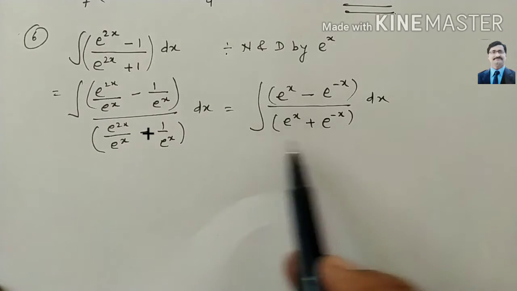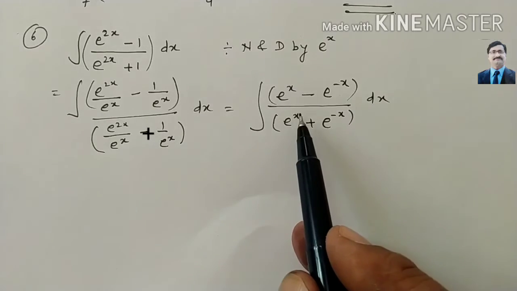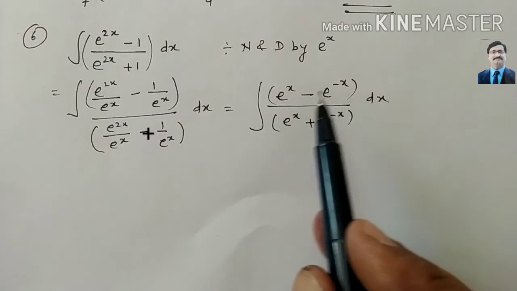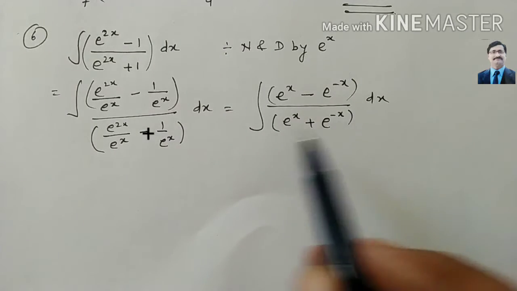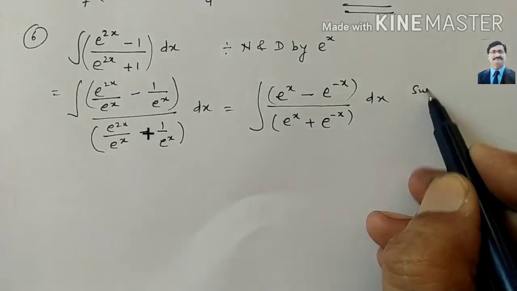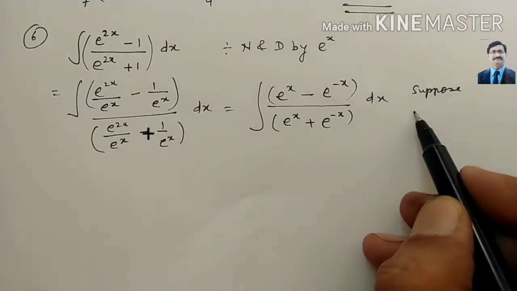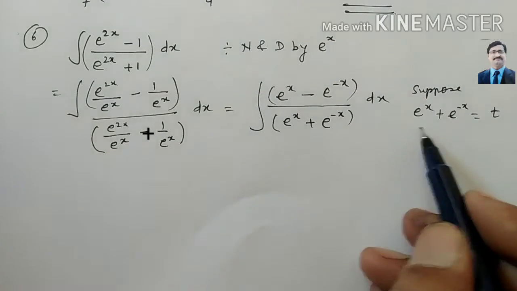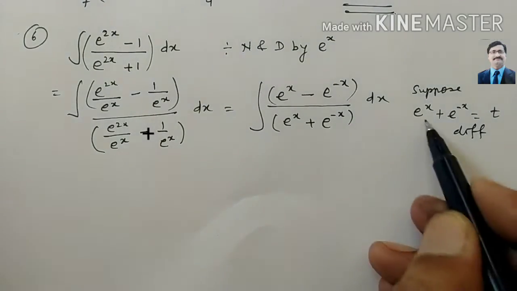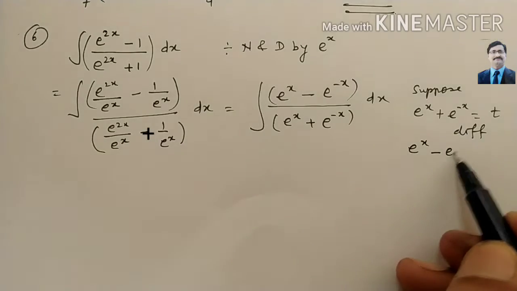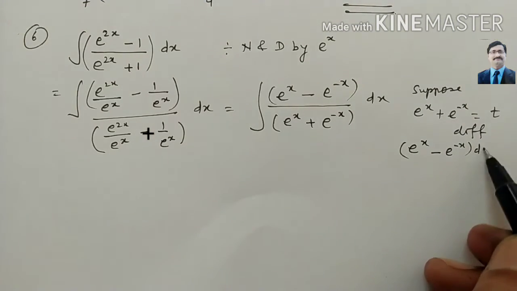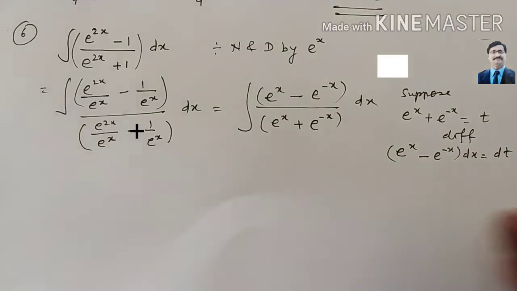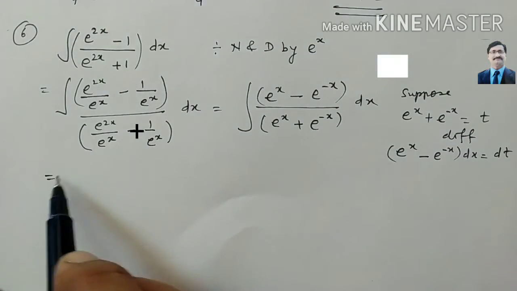Now if we differentiate this, the differential of e^x is e^x, and the differential of e^(-x) is minus e^(-x). So we can suppose e^x plus e^(-x) equal to t. Differentiating, we get (e^x minus e^(-x)) dx equal to dt. So we put these values in this question.